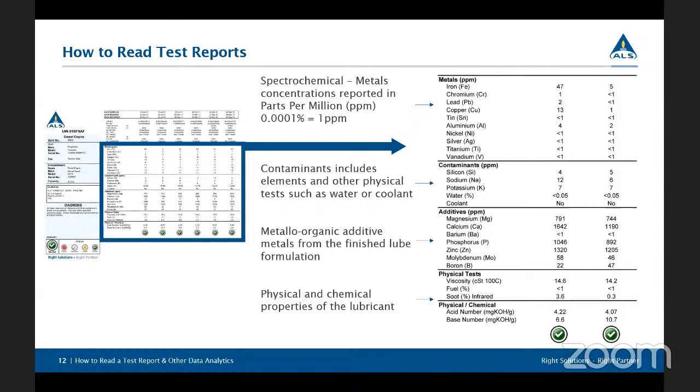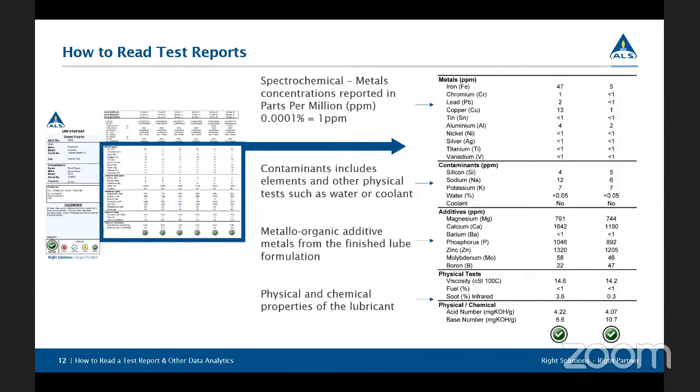And that's a way actually for the lab to identify whether or not you're using the fluid that you've identified, because there are times where a customer says we're using this fluid, but we come back and say that doesn't appear to be the fluid that you think it is. And perhaps it's because somebody topped up the system with a different oil that they shouldn't be using. So that's where it's really important to provide the laboratory the lubricant that is in use.